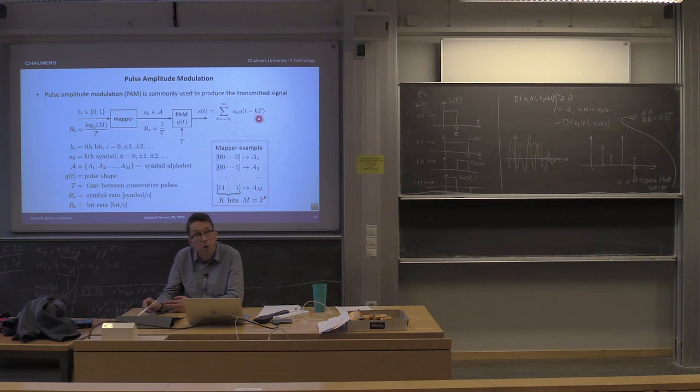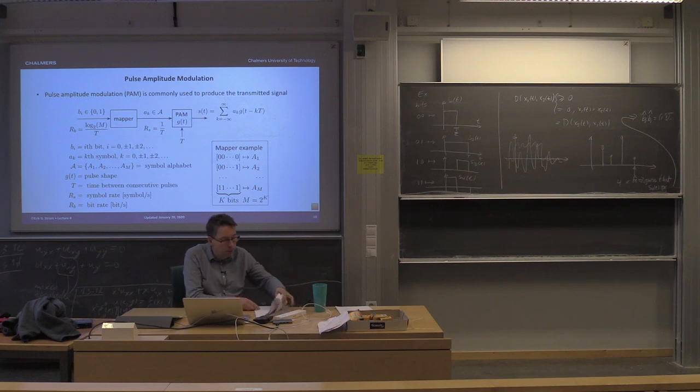So this is a pulse train, where the kth pulse has an amplitude which is equal to the kth amplitude, and the kth amplitude depends on a block of bits. Okay, so we have bits, symbols, signal. Once more. Bits, symbols, pulses. We add the pulses together, we get the signal.